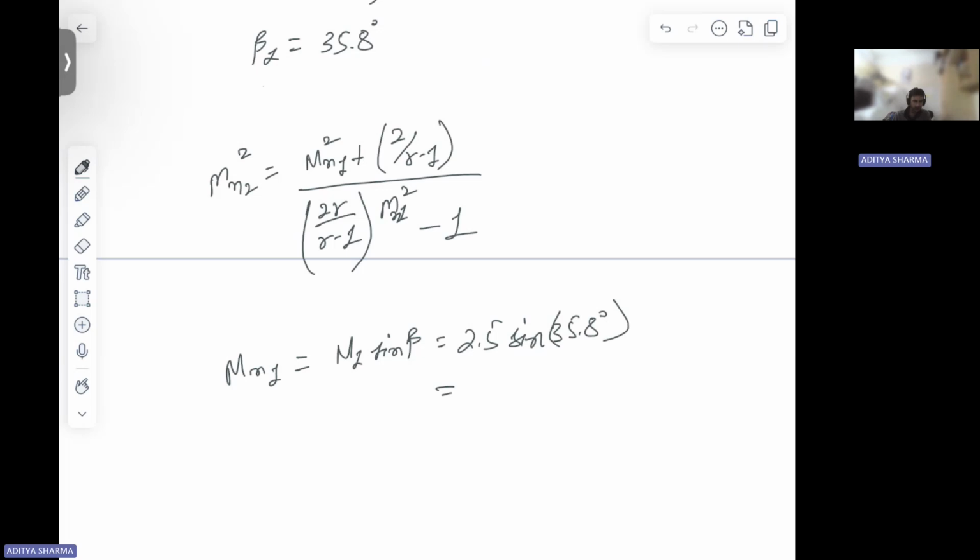If you calculate this, this will come out to be 1.46. Please confirm the calculation. If there is some mistake, please write down in the comment box.